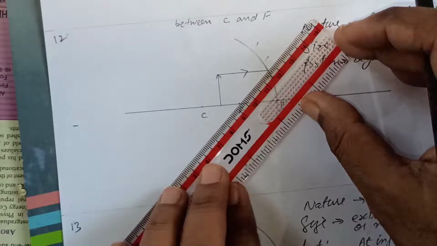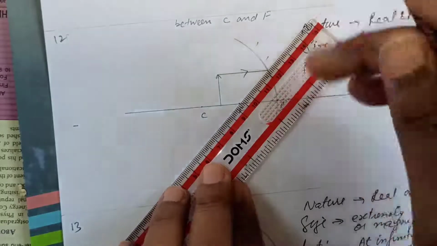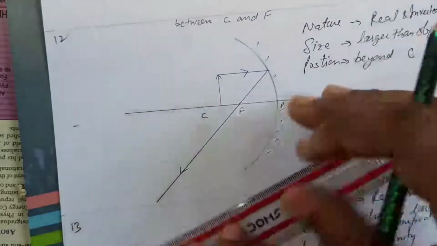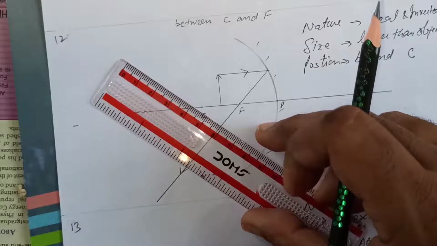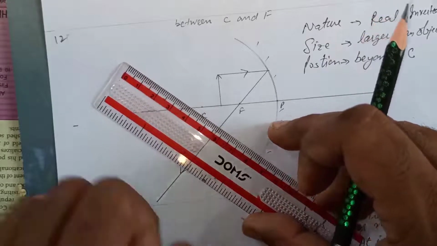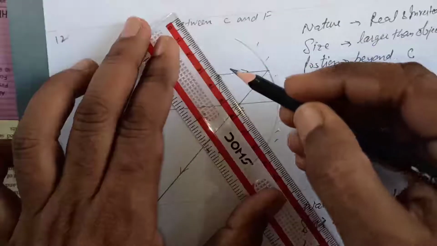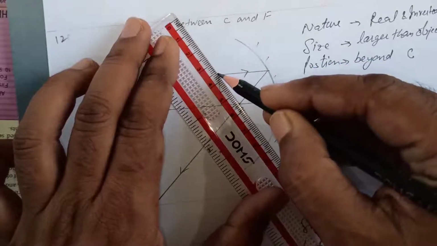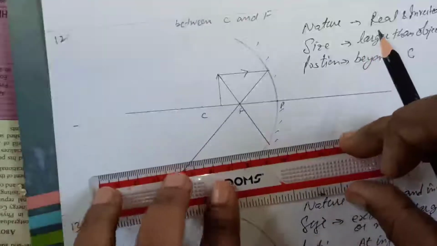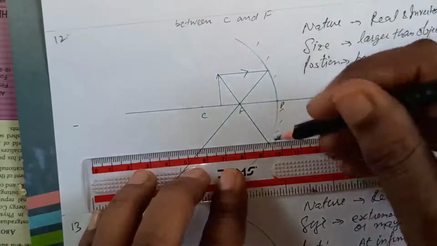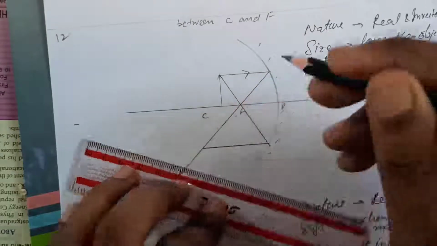You know that. It passes through F. Okay, then draw another ray which passes through F. The ray should first pass through F. Okay, passing through F, and after reflection it becomes parallel. Parallel.